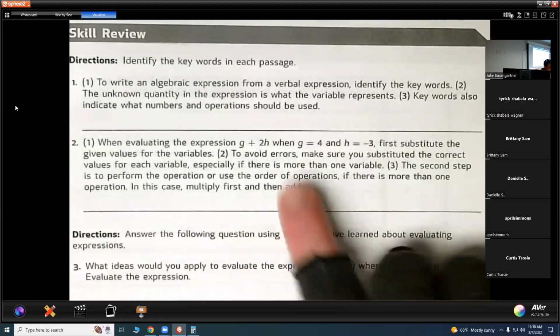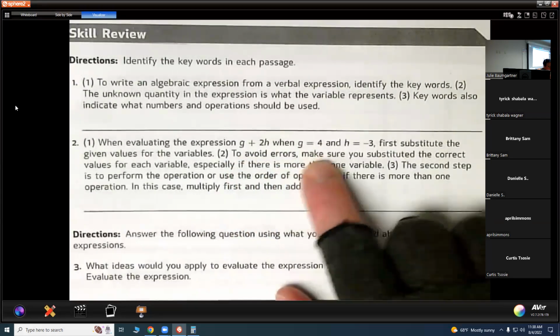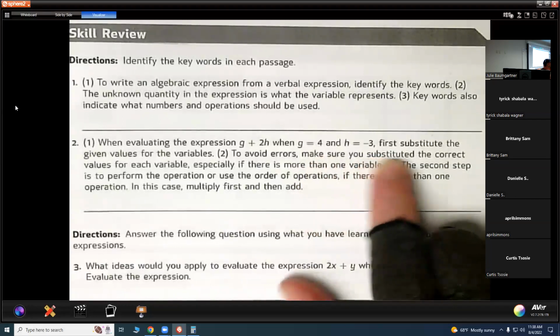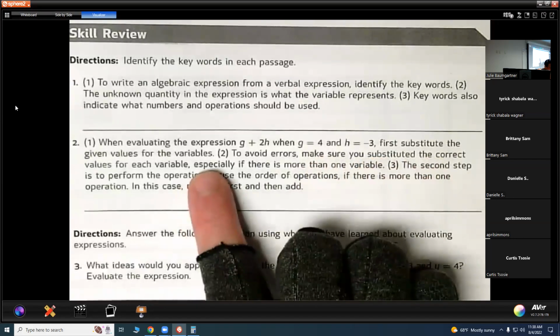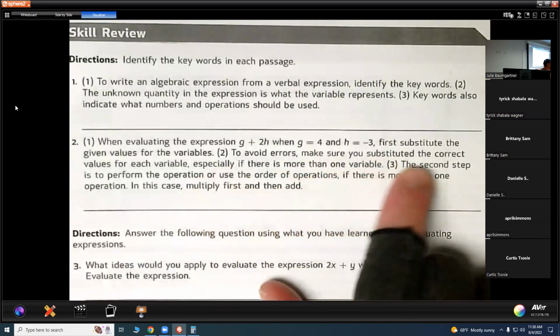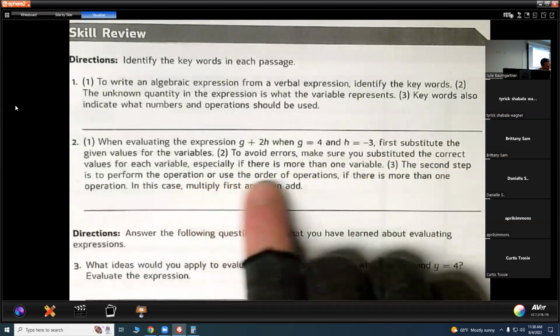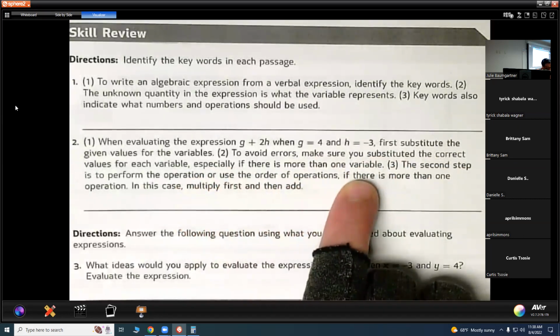When evaluating the expression G plus 2H when G equals 4 and H equals -3, first substitute the given values for the variables. To avoid errors, make sure you substituted the correct values for each variable, especially if there's more than one variable.